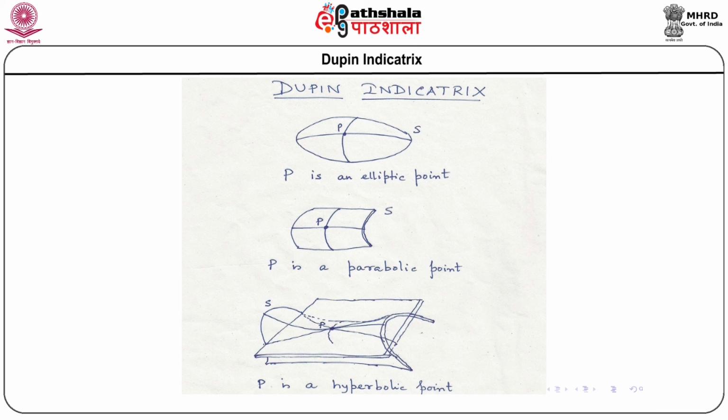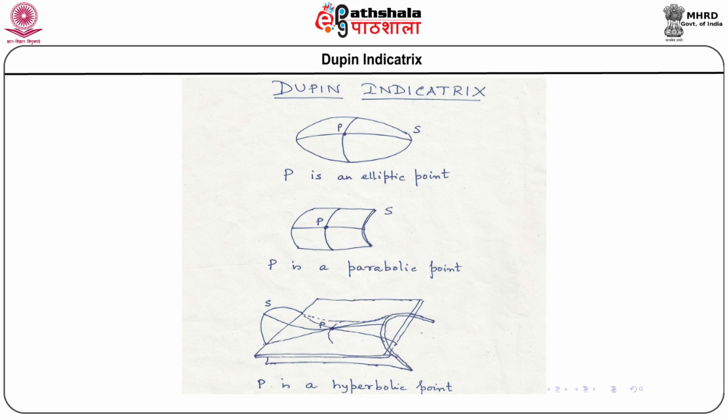For the second surface, it is a parabolic surface and P is a parabolic point, and here the Gaussian curvature is equal to 0. That means, here if we take a section we get a parabola, and for the first figure if we take a section we will get an ellipse.